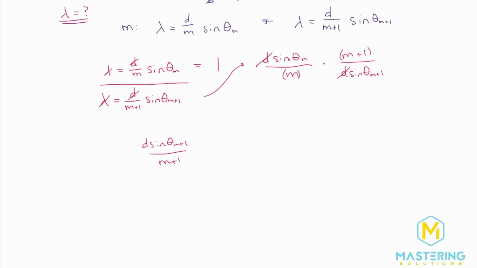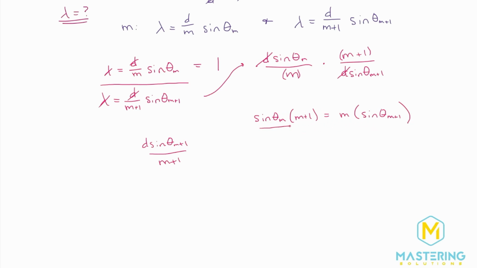So now when we multiply it straight across, we have sine theta sub m times m plus 1, and that's equal to m times sine theta sub m plus 1. Now we want to get the m's on the same side of the equation.